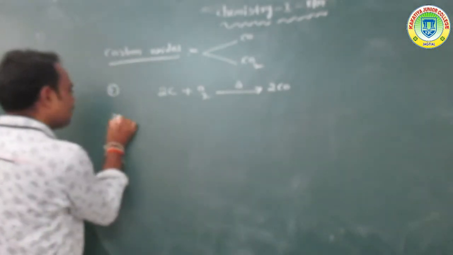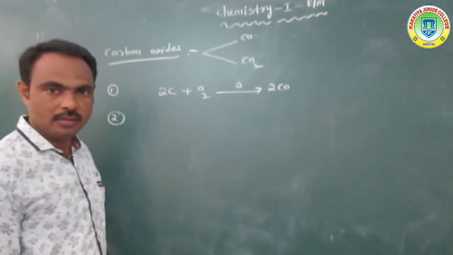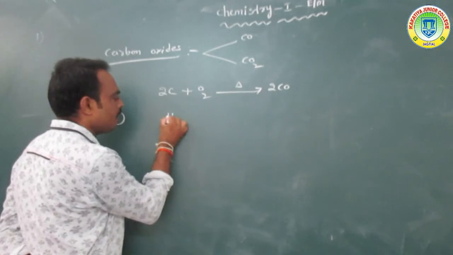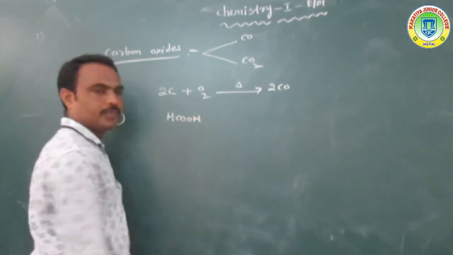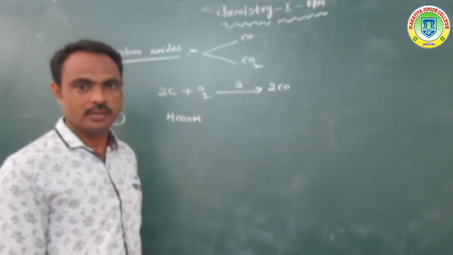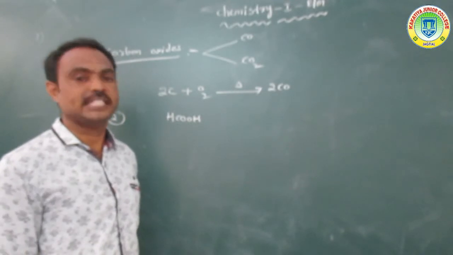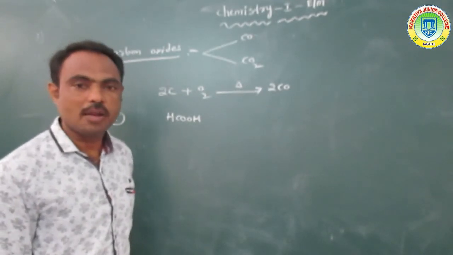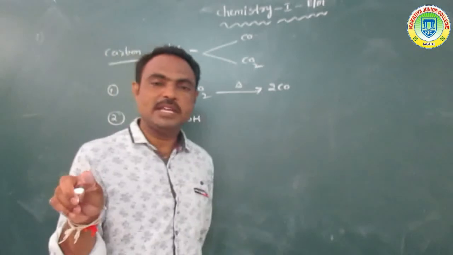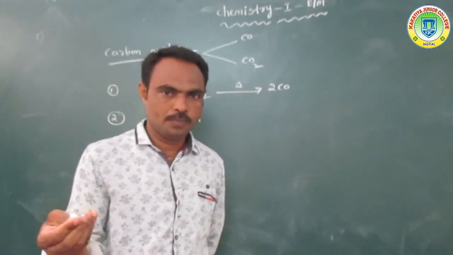Next, the second one. Suppose we have taken HCOOH. HCOOH means formic acid. COOH is just like an acid group.